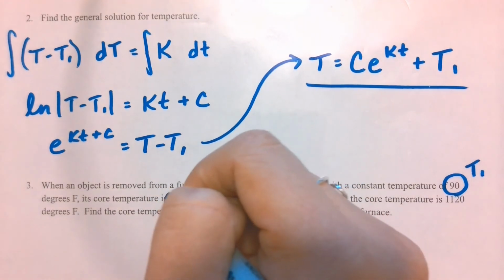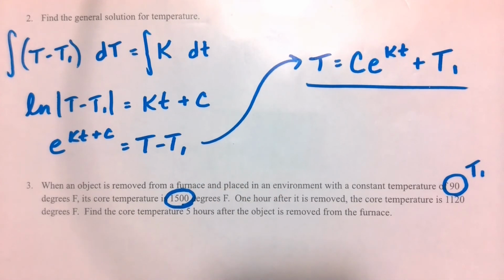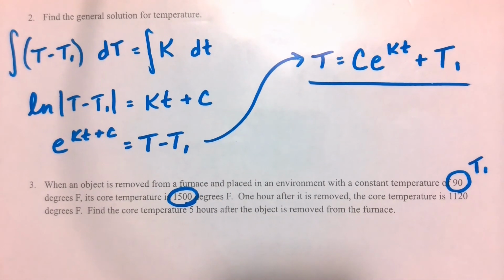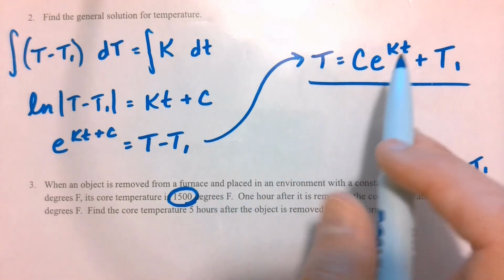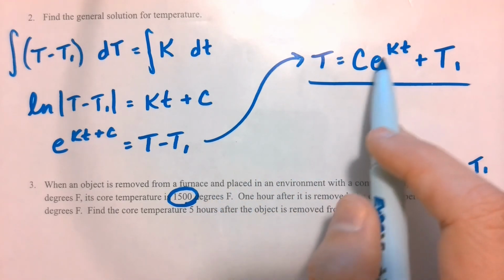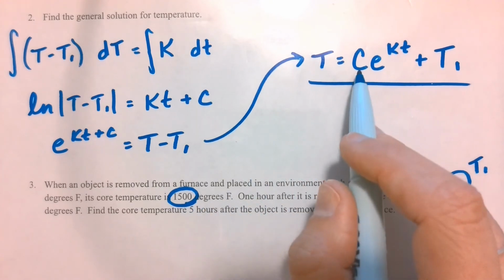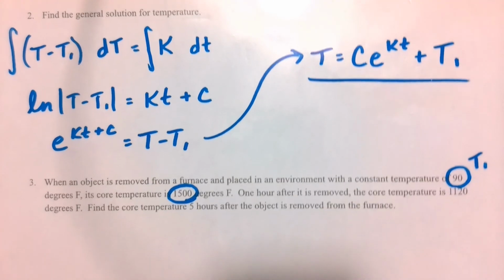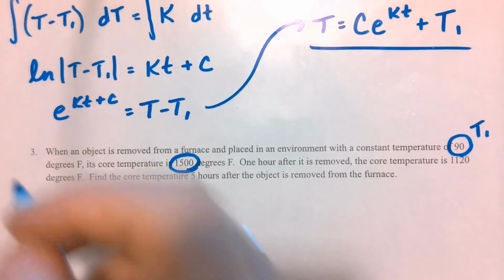My 1500 definitely is my initial temperature, because that's what it is when I take it out of the furnace. But we do have to be a little careful here, because if I plug in 0 for t, being time, I'm not actually going to end up with C being 1500. So I need to explore this a little more.